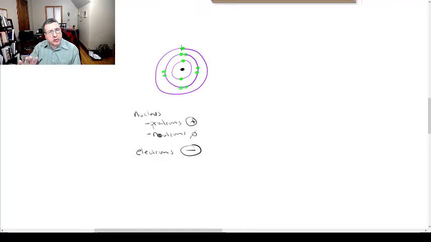Not just electrically stable, but it wants to be stable. By that I mean that outer shell, let me just do a red here, this outer shell wants to be filled up. Okay? And if it's not filled up, it's going to do whatever it can do to fill itself up.